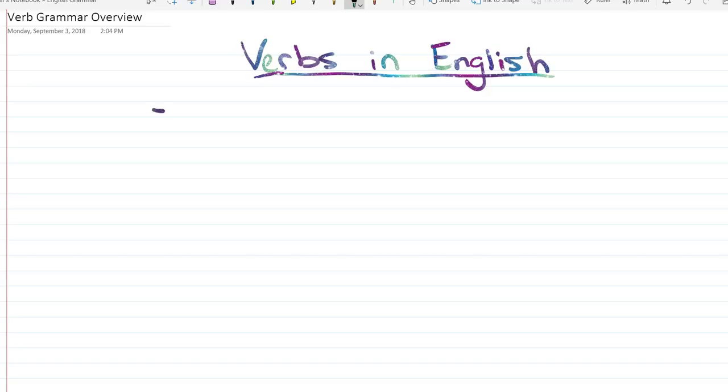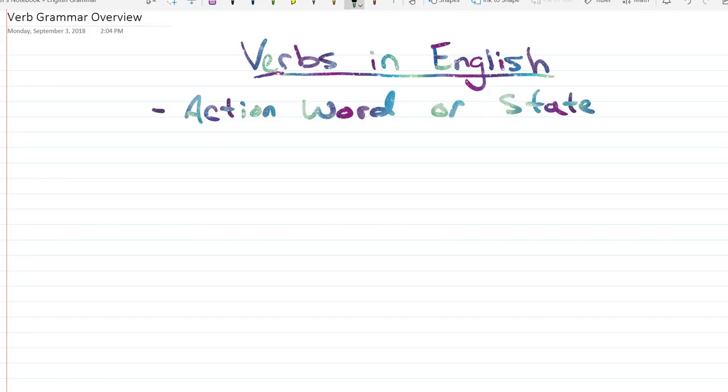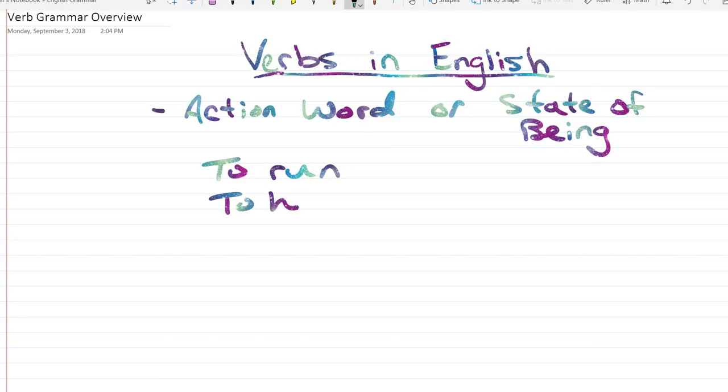So simply, verbs are just action words, or they can express state of being. Okay, and I'll show you what that means here in a second. So what do these look like in English? Some verbs you might have are to run, to help, to see, or to be.